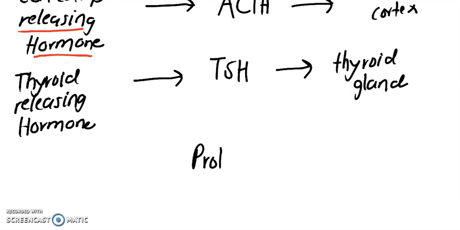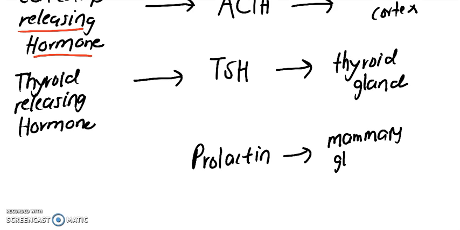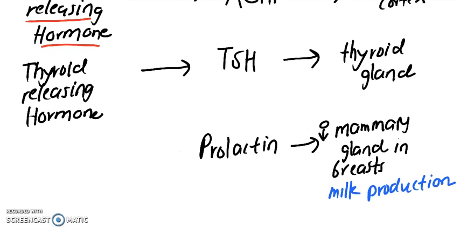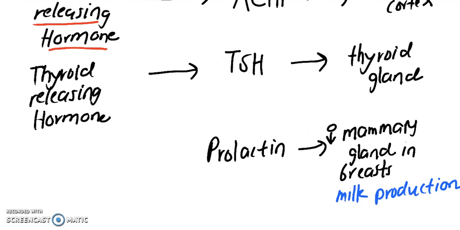Next is prolactin. We know prolactin is going to target the mammary glands in a female's breast. Mammary gland in breasts. And this is for milk production. We know this is going to stimulate milk production. Milk production. Okay.